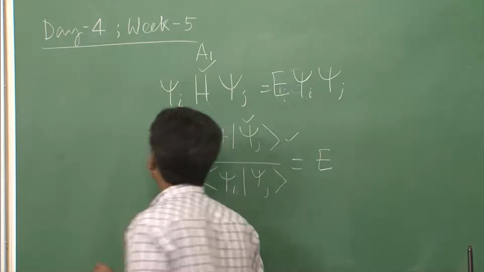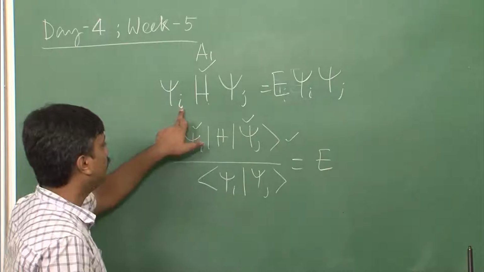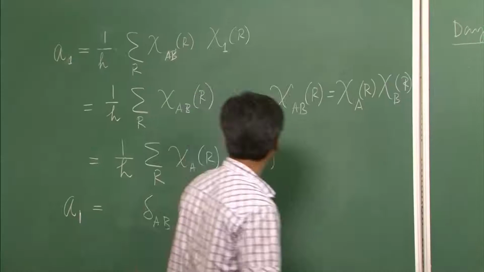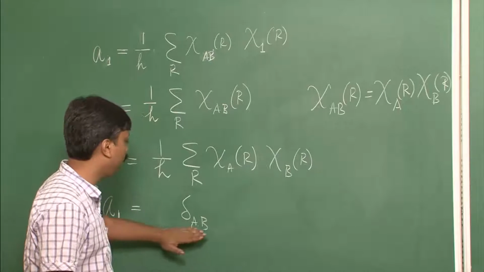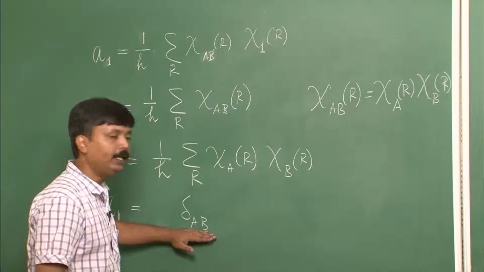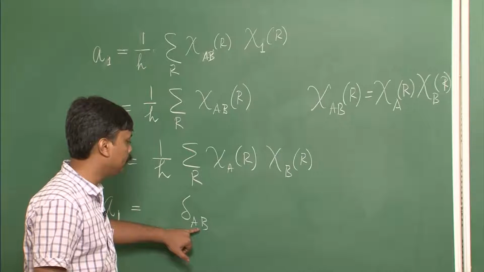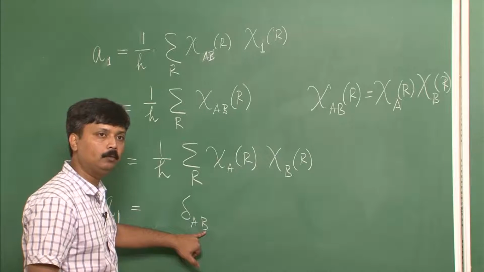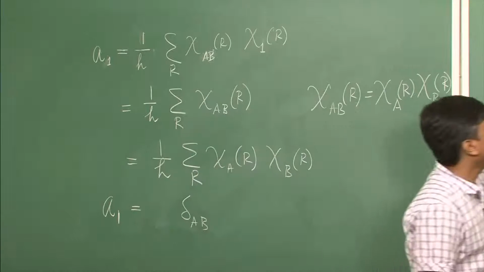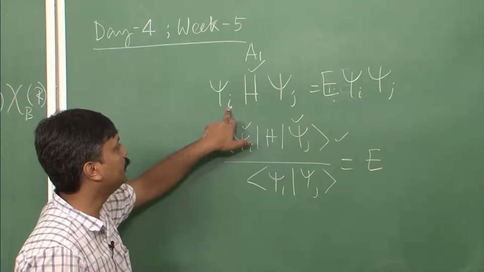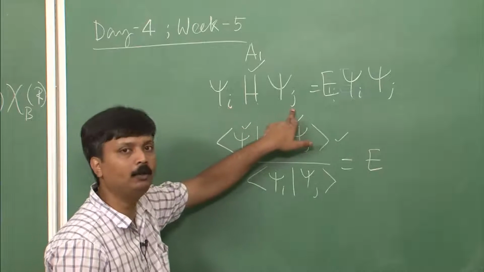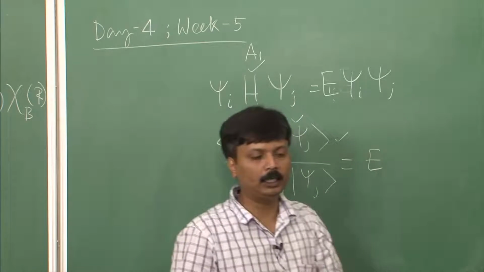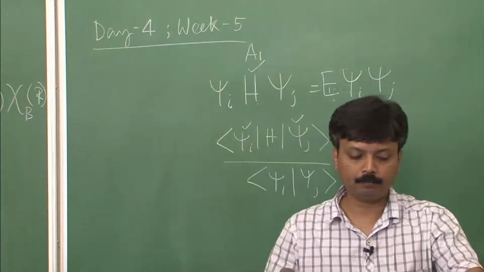Okay, just now we have seen that the totally symmetric IR will be contained within the direct product representation only if the two IRs that we are combining are equal. Fine. So that means the IR to which psi I belongs must be the same IR to which psi j belongs. Okay, so that's what is stated here.